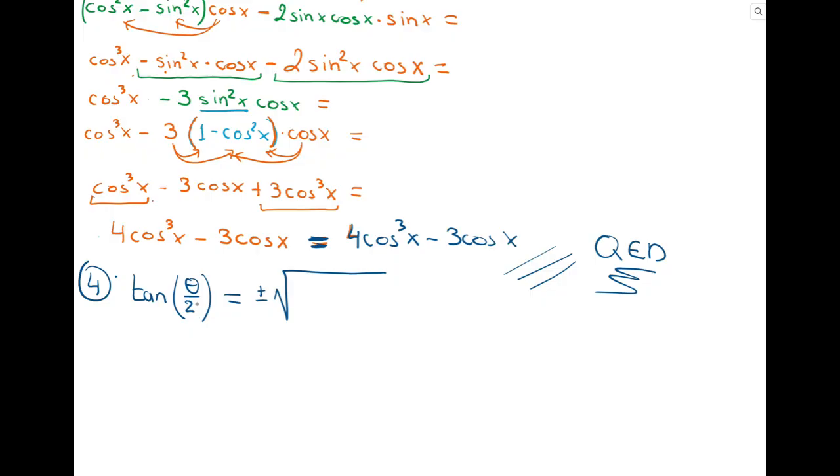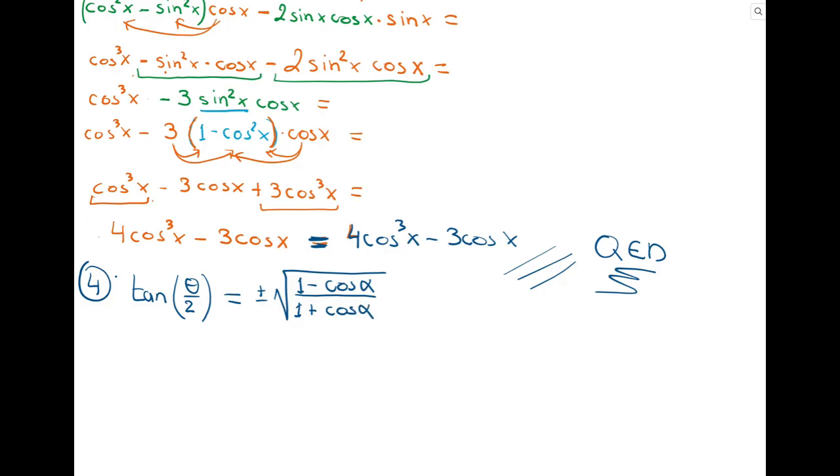The half angle of the sine is 1 minus cosine alpha over 2, and the half angle for cosine will be 1 plus cosine alpha over 2. Since tangent is sine over cosine, the over 2's will cancel. And that will just be 1 minus cosine alpha over 1 plus cosine alpha.